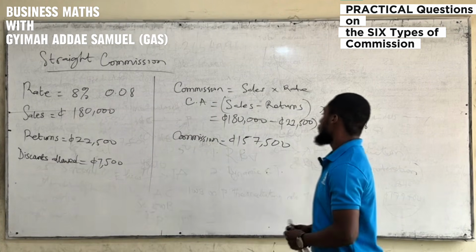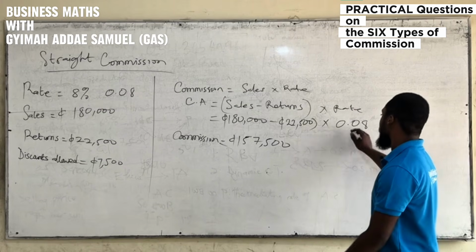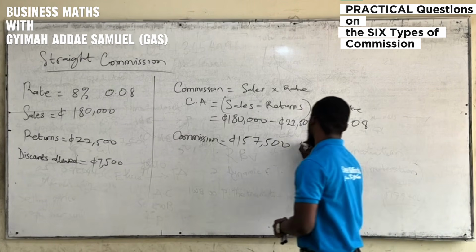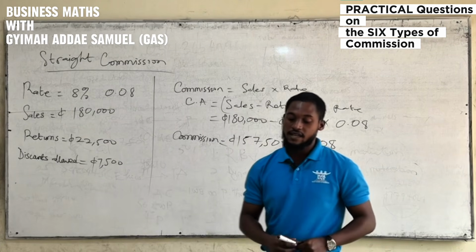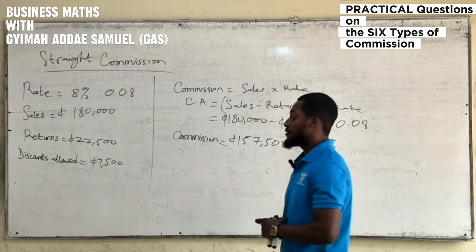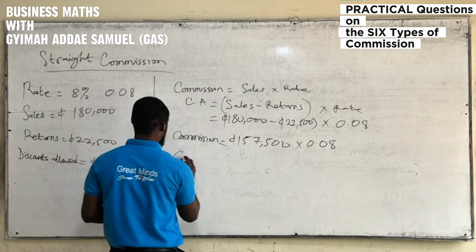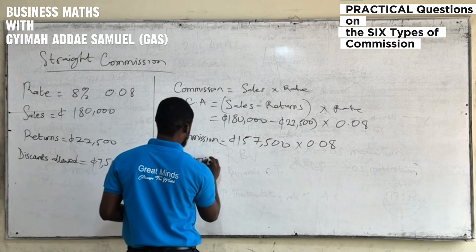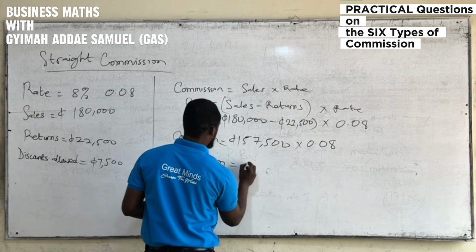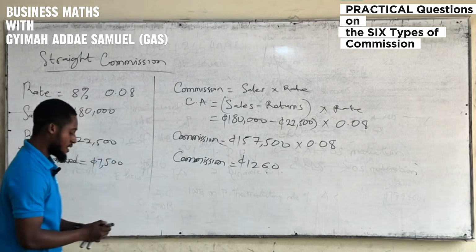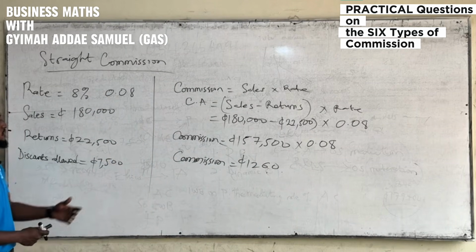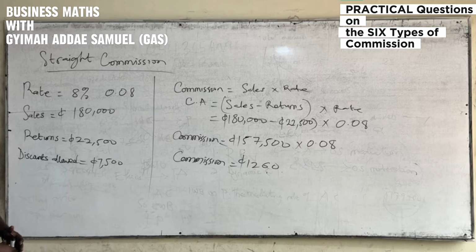So we therefore multiply this amount by our rate, 0.08, getting 1,260 Ghana cedis. So this is the procedure for calculating straight commission.